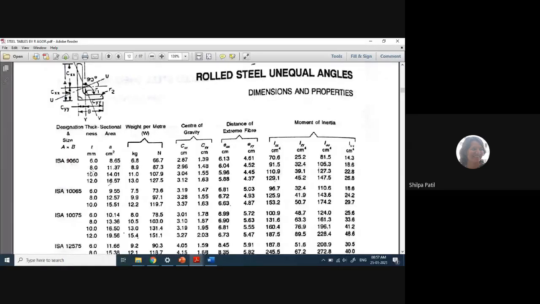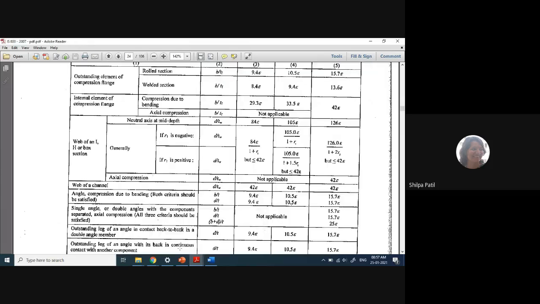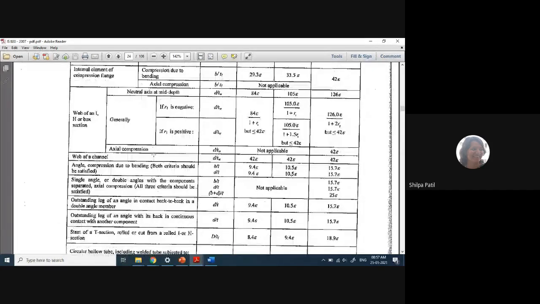So for this, we will now require different values. What values do we need to find out? Let us go to the IS code. In this IS code, for the angle section we have to find its class. The angle section may be used under axial compression, or it may be used as a beam section.